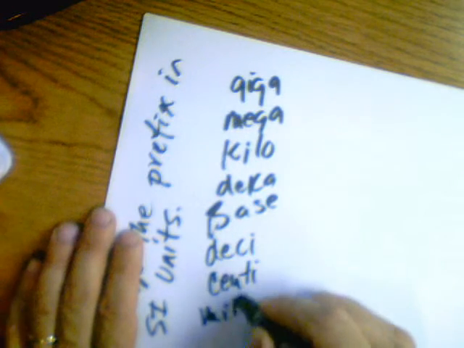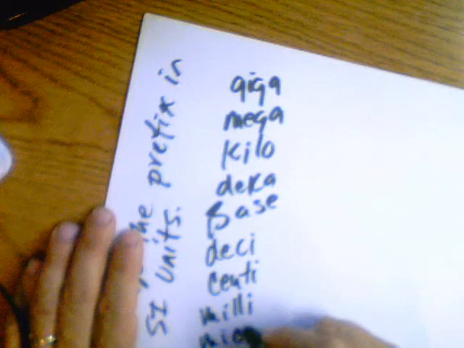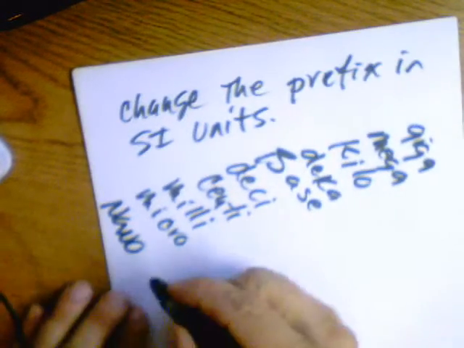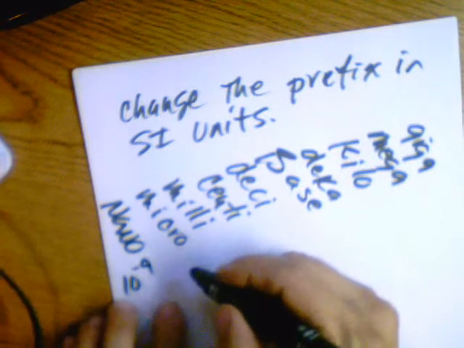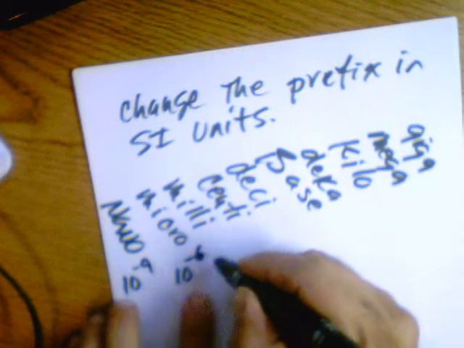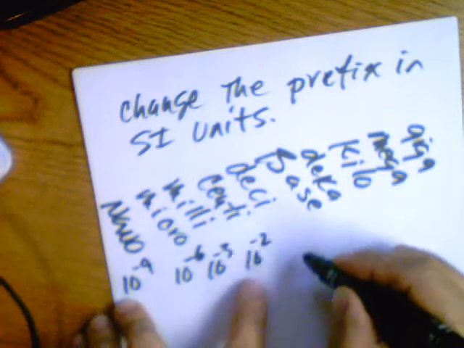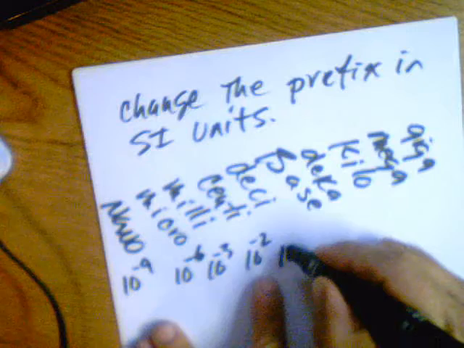centi, milli, micro, nano. So nano is 10 to the negative 9, micro is 10 to the negative 6, milli is 10 to the negative third, centi is 10 to the negative second, deci is 10 to the negative first.